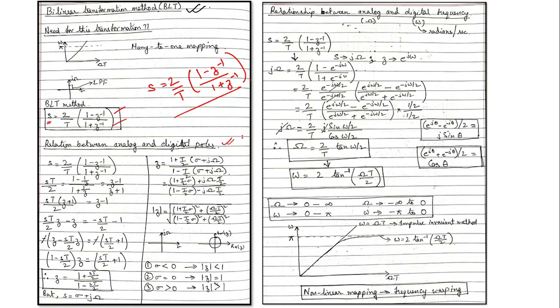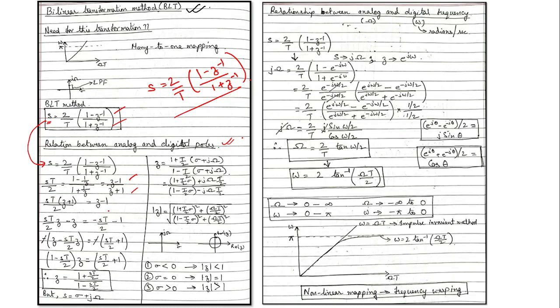Now we start with the transformation s equals 2 by T times 1 minus Z inverse divided by 1 plus Z inverse. So this gives us sT by 2 equals 1 minus 1 by Z divided by 1 plus 1 by Z. Multiplying numerator and denominator with Z, we get Z minus 1 divided by Z plus 1.